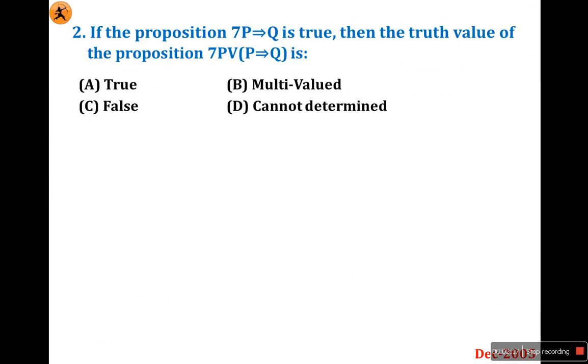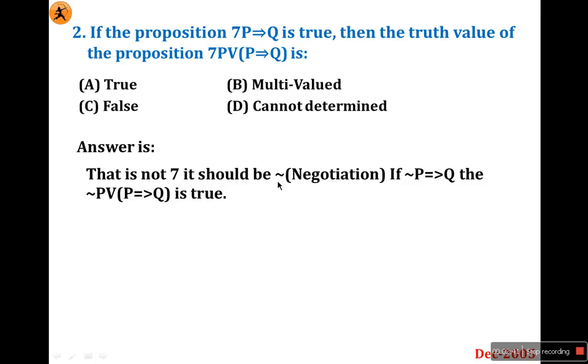Look at the second question. Actually, the symbol is not a 7, it is a negation. If the negation of P implies Q is true, then what is the truth value of the proposition negation of P or P implies Q?